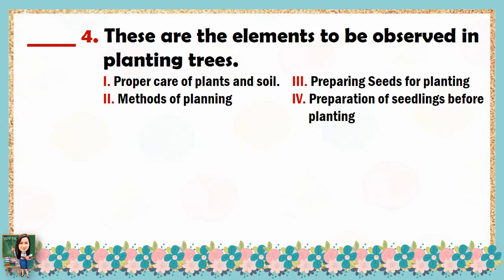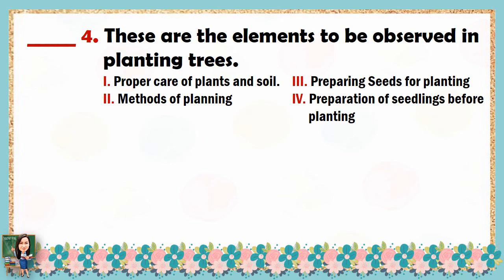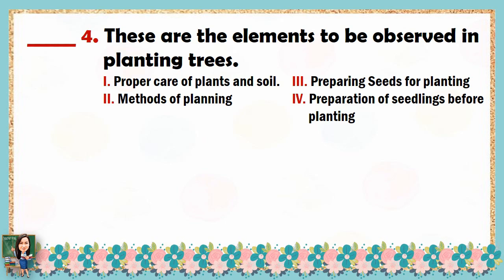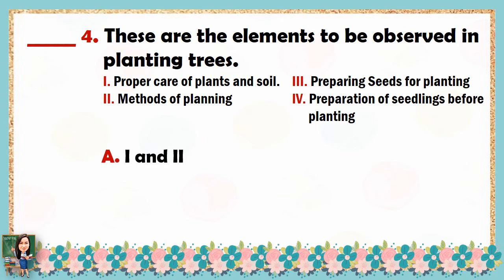Number 4. These are the elements to be observed in planting trees. First, proper care of plants and soil. Second, methods of planting. Third, preparing seeds for planting. And fourth, preparation of seedlings before planting. What is the correct answer? Is it A. First and second elements?